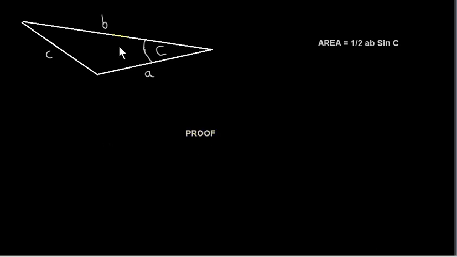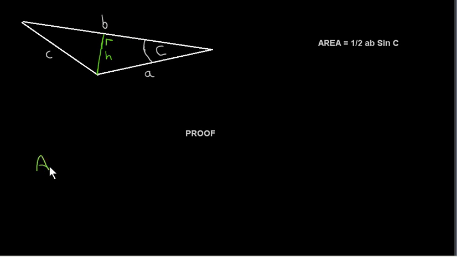Let's just quickly run through a proof. You probably won't need to know the proof. But anyway, I'll just spend a minute or two on it. Won't take long. Let's just draw in this perpendicular. This is a perpendicular height of the triangle. Let's say that this distance is h.